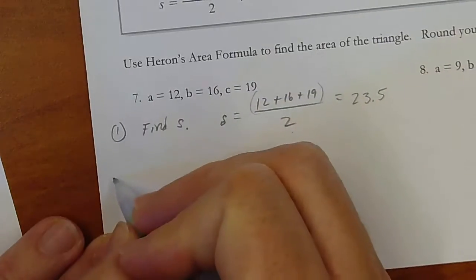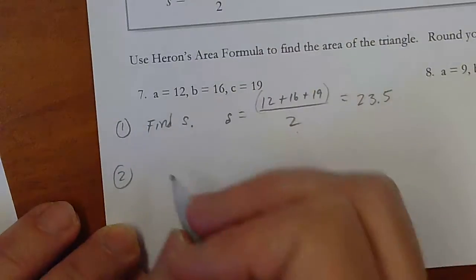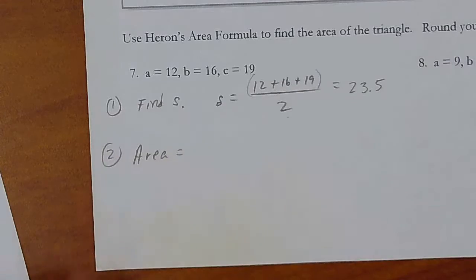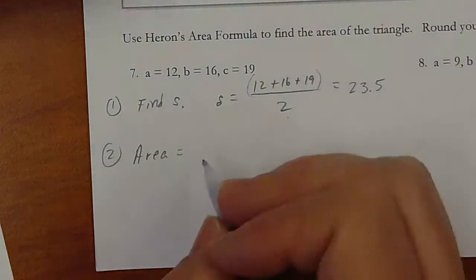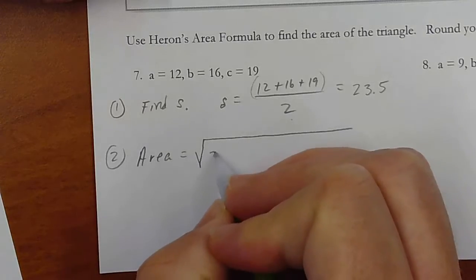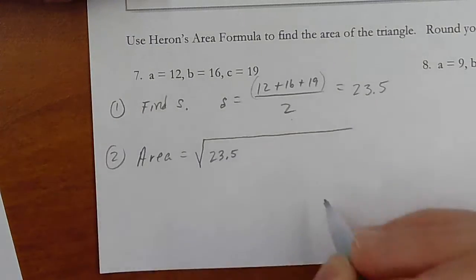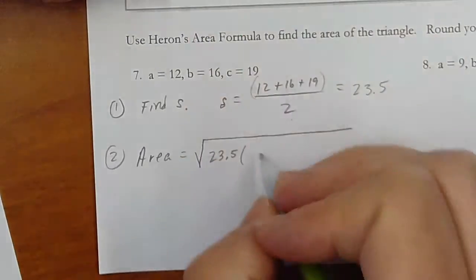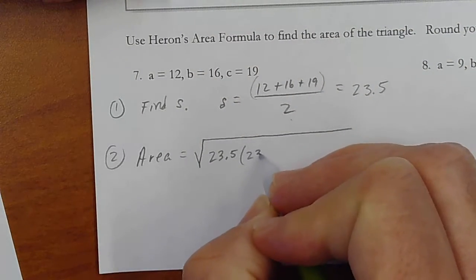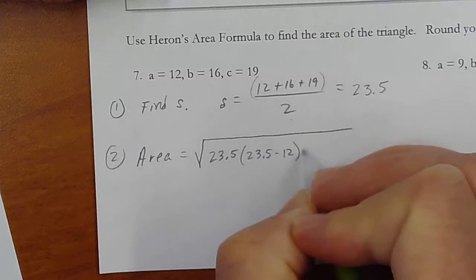Okay, now step 2, once you find S, we're ready for the area. As it says above, it's the square root of S first, so 23.5. And then we do S minus A. I mean, you can do the math and just put 11.5 now if you want, or I'll just set it up so you see it happening.